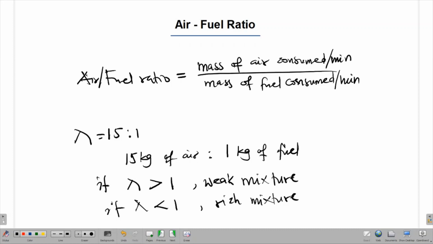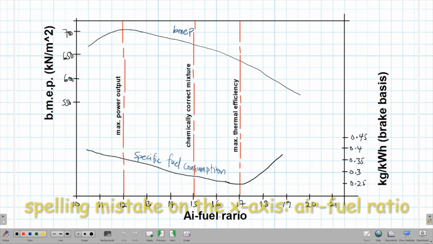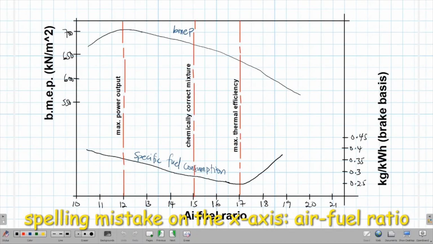The effect of varying the mixture strength on the thermal efficiency and power output of an engine whilst running on a test bench at a constant speed will be dealt with now.